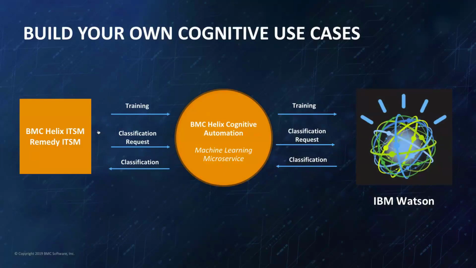So not only can you use the out-of-the-box use cases that we implemented for email processing or auto-categorization, you can also build your own custom use cases that leverage this machine learning service. So you can train the machine learning service with any kind of data in the Remedy system from any form, and you can then as well use it with any kind of custom workflow. And again, you can leverage that for custom use cases as well, right?